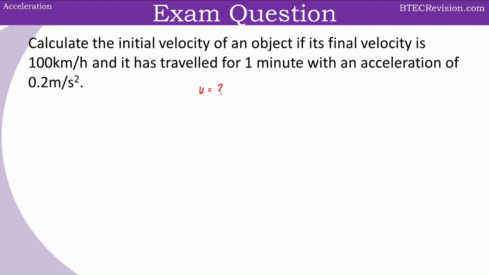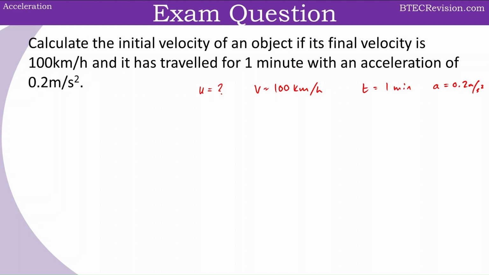We have the final velocity, which is v, and that's 100 kilometers per hour. And we can see that this is in the wrong unit, so we need to convert that. And the time, t equals 1 minute, which is also in the wrong unit. And we have a equals 0.2 meters per second squared, which is the correct unit.